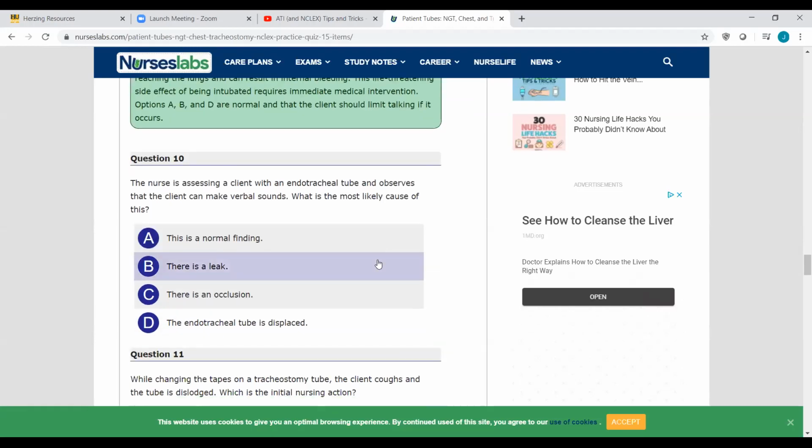Okay, the nurse is assessing a client with an endotracheal tube and observes that the client can make verbal sounds. What is the most likely cause of this?